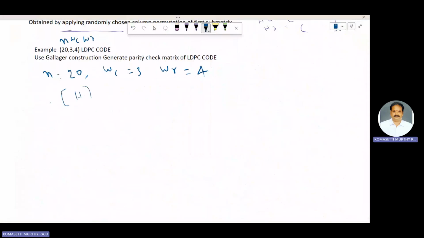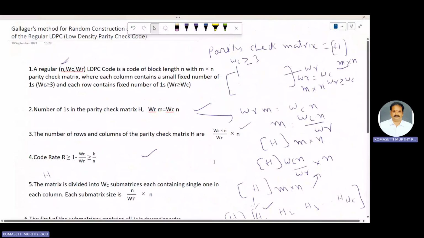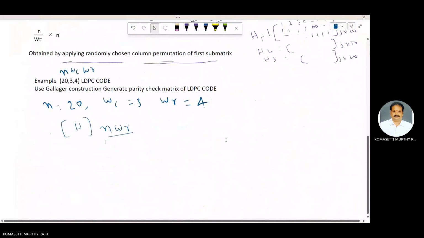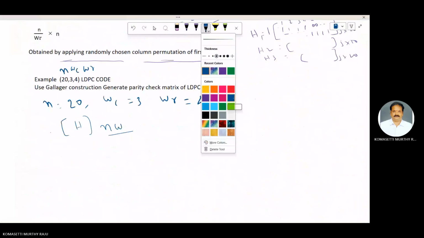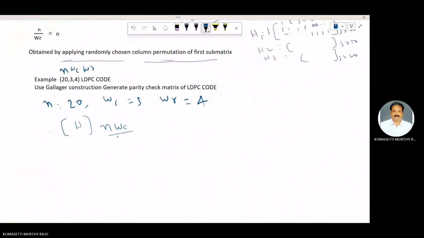The H matrix size is n into WC by WR cross n.